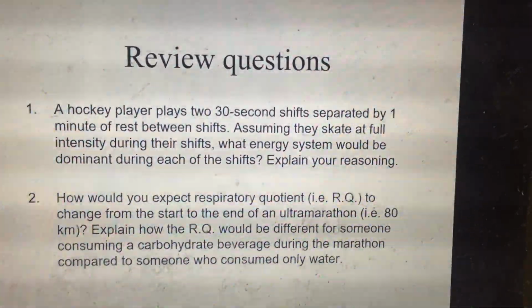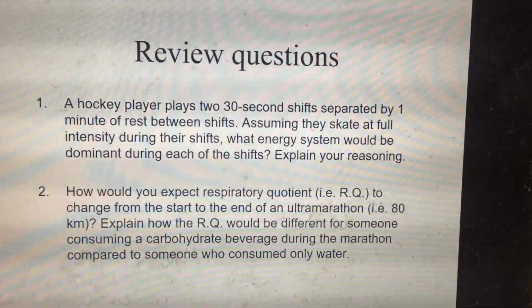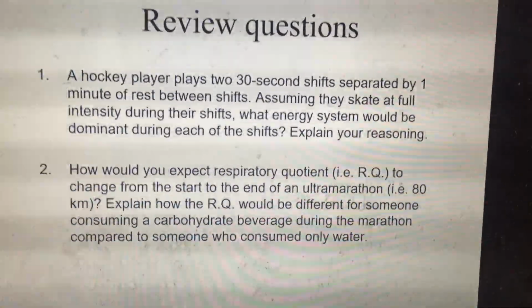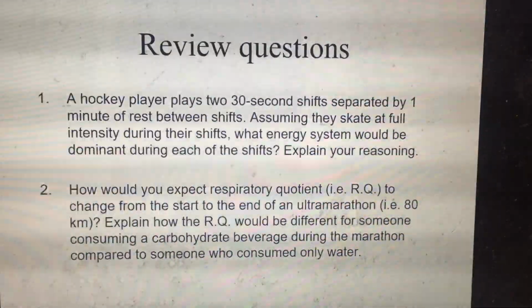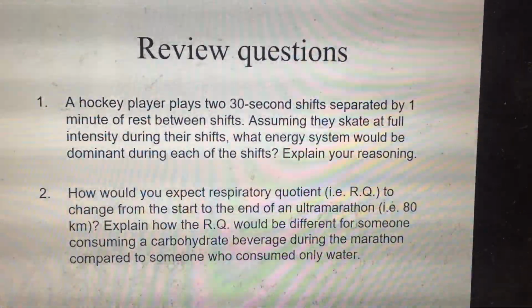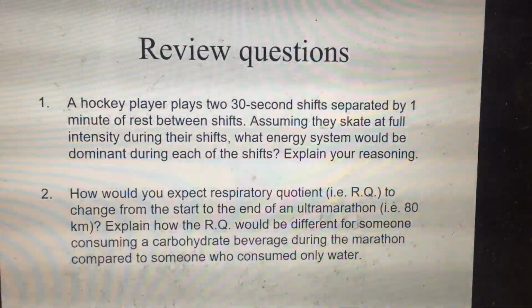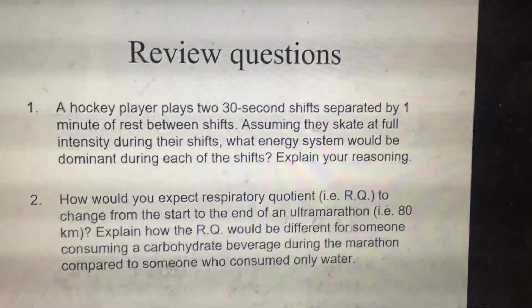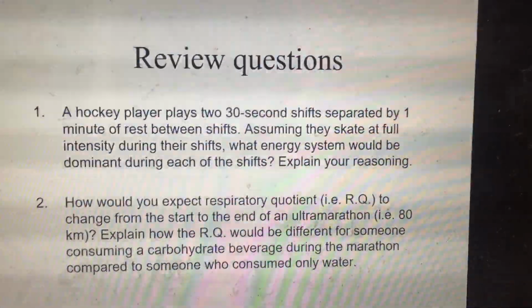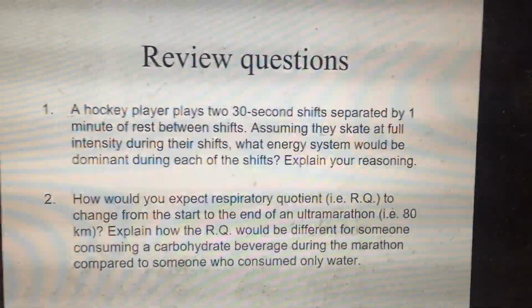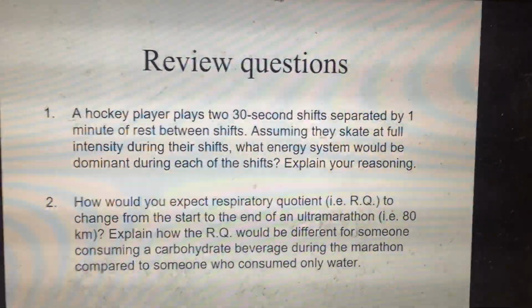So the phosphocreatine energy system provides phosphocreatine for about 30 seconds before it becomes fatigued, and then you switch to dominance with the anaerobic lactate energy system. So the predominant energy system during the first 30-second shift would be the phosphocreatine anaerobic energy system.